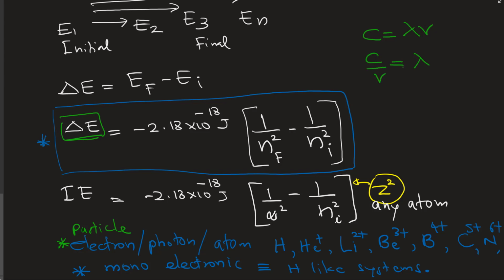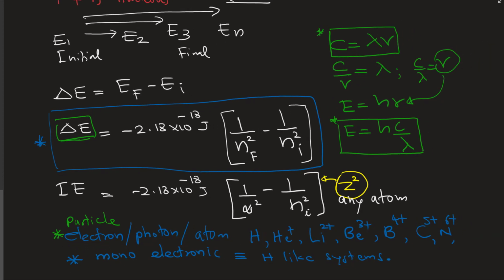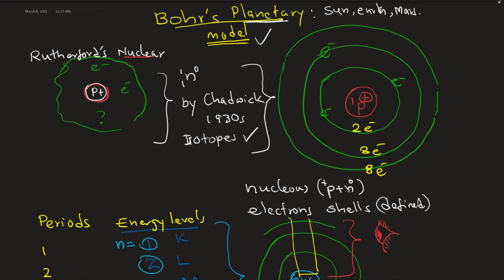We also need c is equal to h nu. That's for the velocity of light, the wave number, and the frequency. And you can play around with that one. You can actually plug into the E is h nu, and the nu is c over lambda. So these two, c is lambda nu and E is hc over lambda, is really important to do the math.